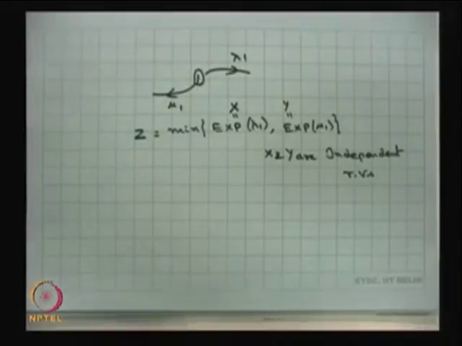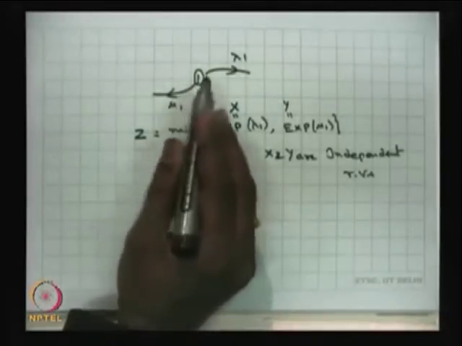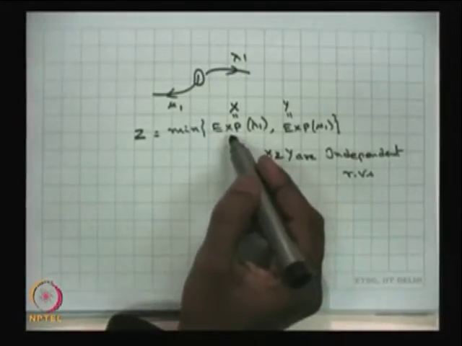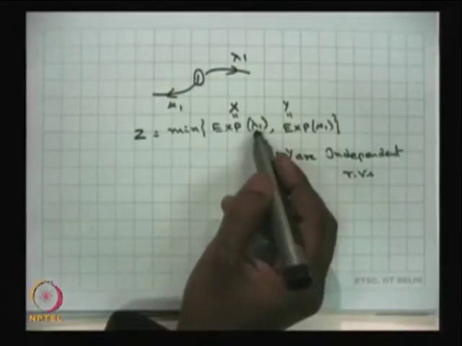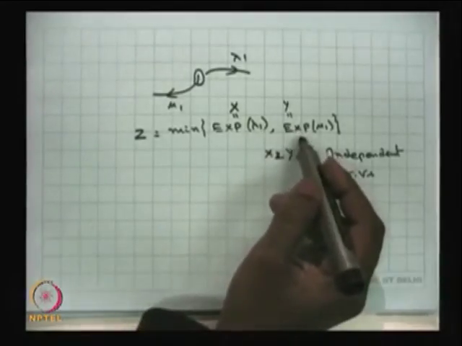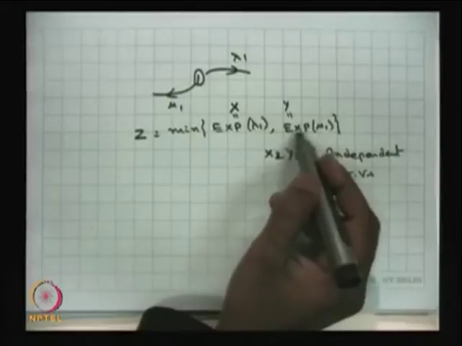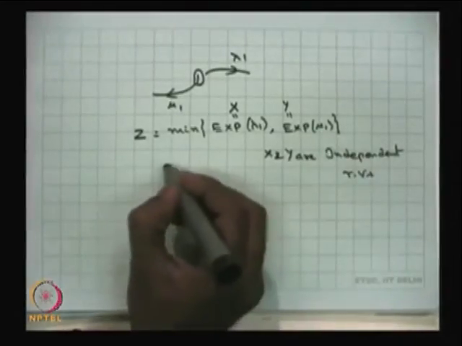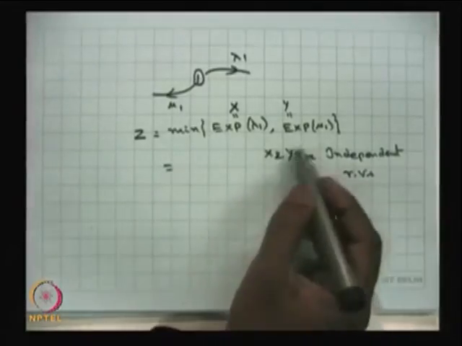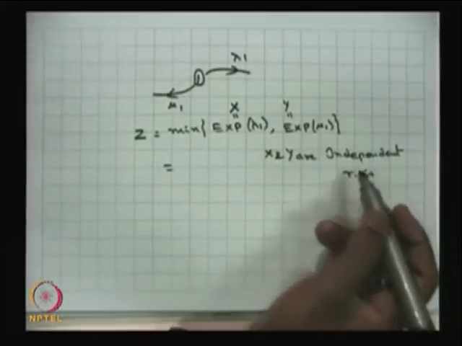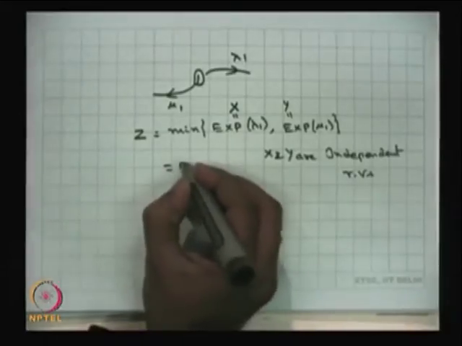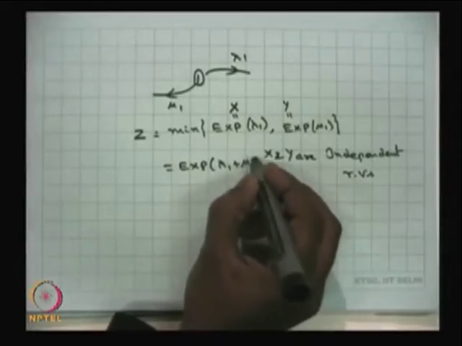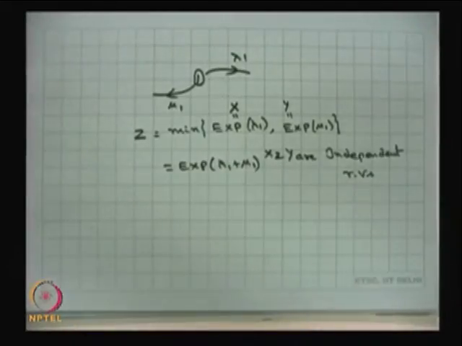Therefore, the time spent in the state 1 before moving into any other state is going to be the minimum of the random variable with the exponential distribution with parameter lambda 1 and the random variable which follows an exponential distribution with the parameter mu 1. You know that the minimum of two independent exponential random variables is also going to be exponentially distributed, with the parameter lambda 1 plus mu 1.